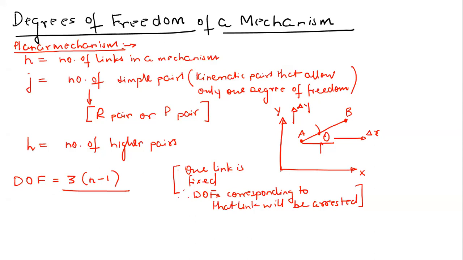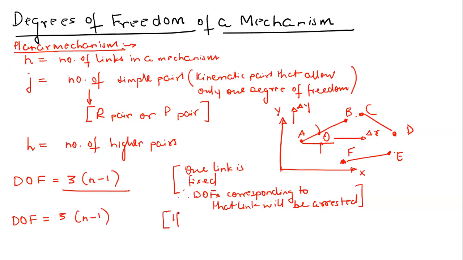Right now I am assuming that in a mechanism this many links are there, A, B, C, D, and you can call EF, but right now I am just assuming that they are still not connected by any kinematic pair. They are free to move. Now let us move forward further.